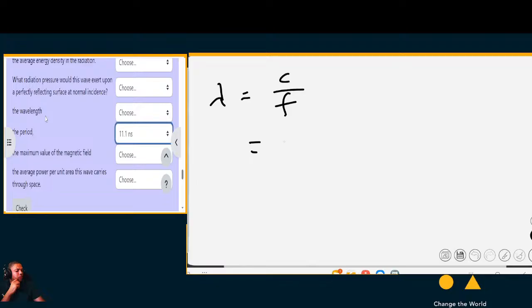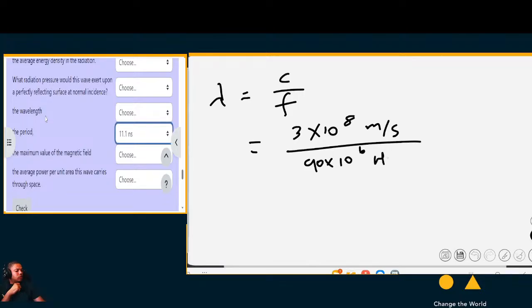So it is the speed of light, 3 times 10 to the 8 meters per second, divided by the frequency, which in this case is 90 times 10 to the 6 hertz, and that gives you a wavelength of 3.33 meters. So the wavelength is 3.3 meters. Let's see if there's an option for 3.3 meters. Yes, 3.3 meters.